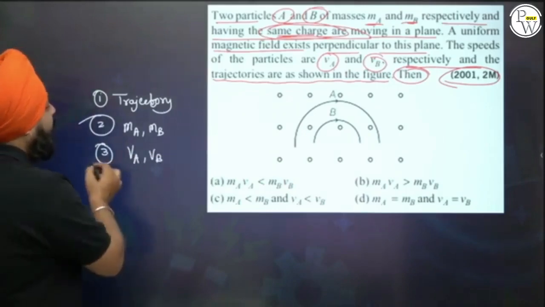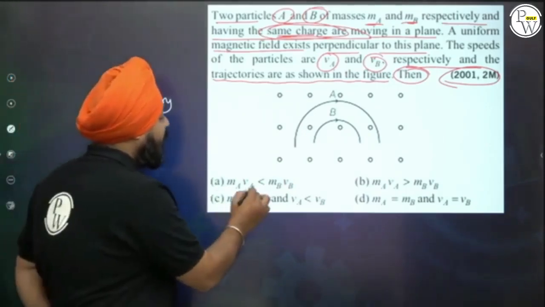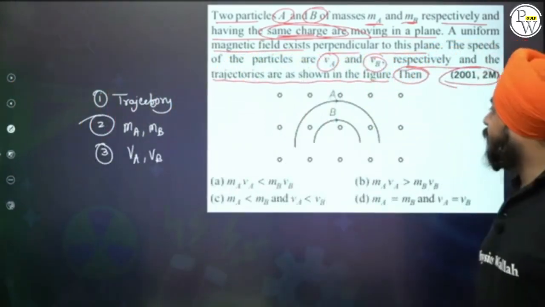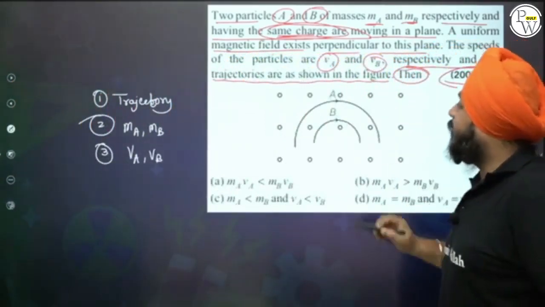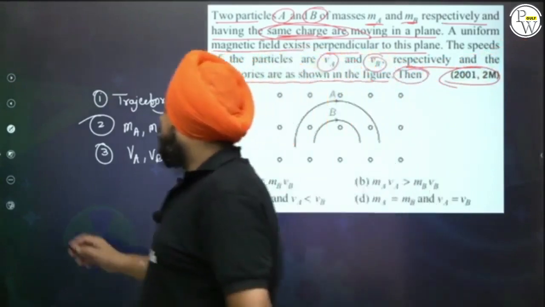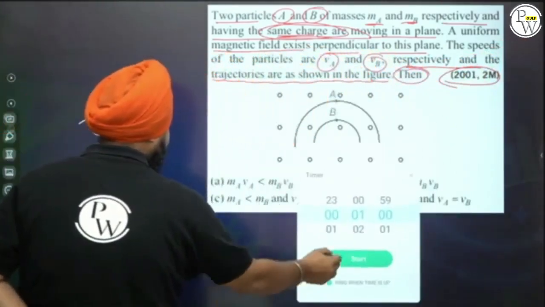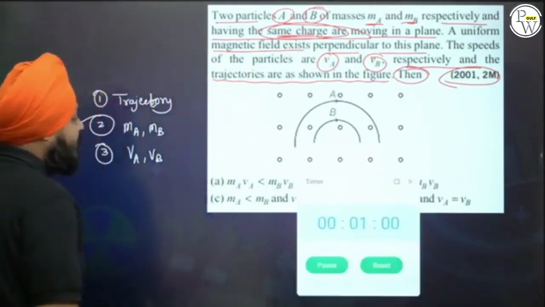Now we need to find the correct relation between the momenta of the particles. This is of B and this is of A. So this time also let's give you all a minute to solve this. Your minute starts here.